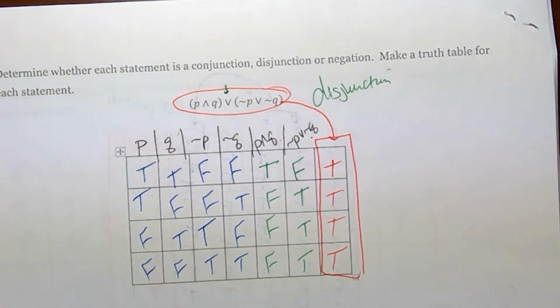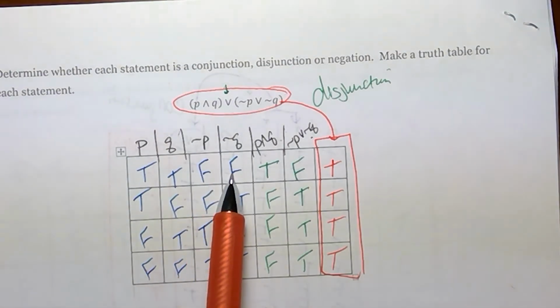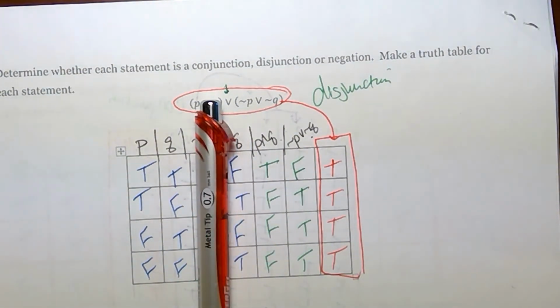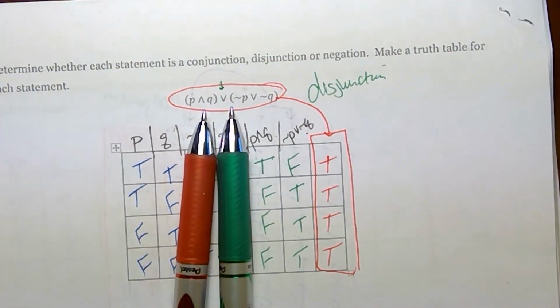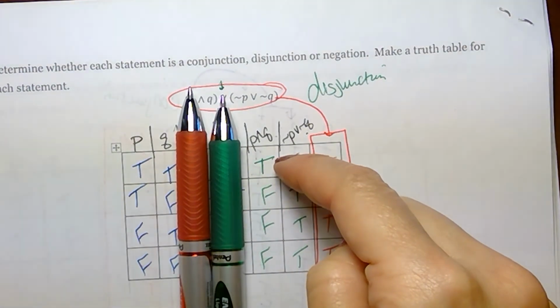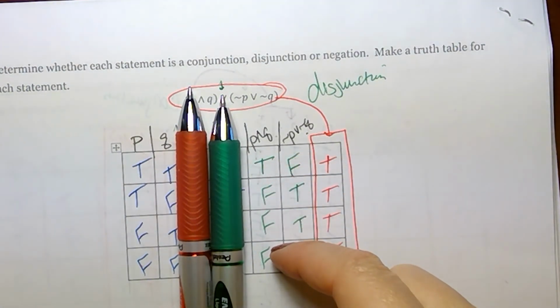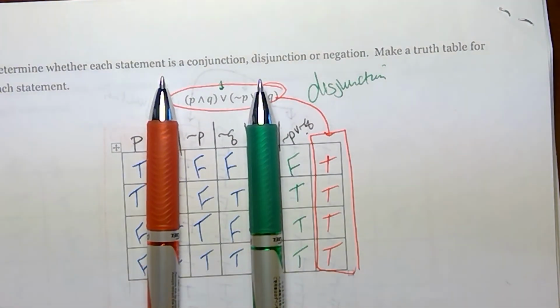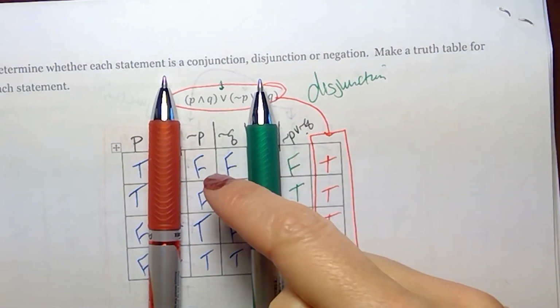Let's focus on this top truth table, the disjunction between those 2 compounds. We filled in P, Q, not P, not Q. And then to do P and Q, we looked at those first 2 columns, P, Q. Where they are both true, we have our true case, that first case, the other 3 are false. To fill in not P or not Q, I looked at the not P, not Q columns. It was false in the first one because they're both false.